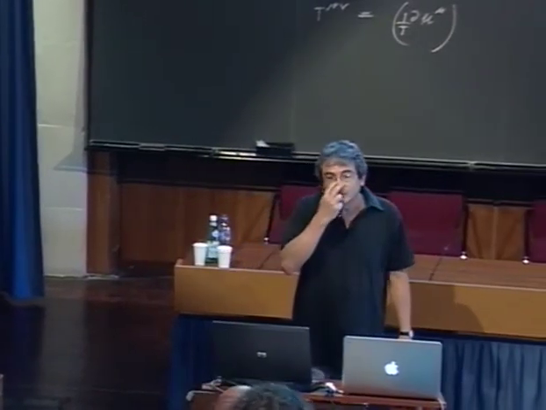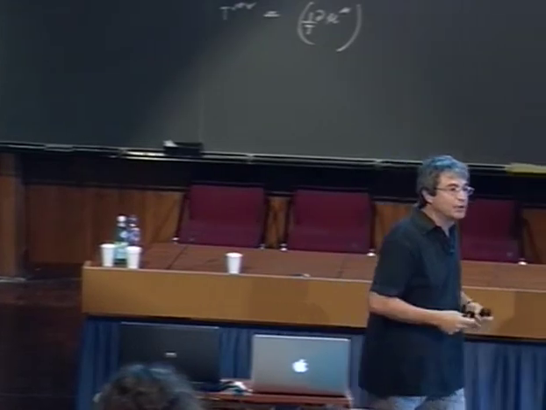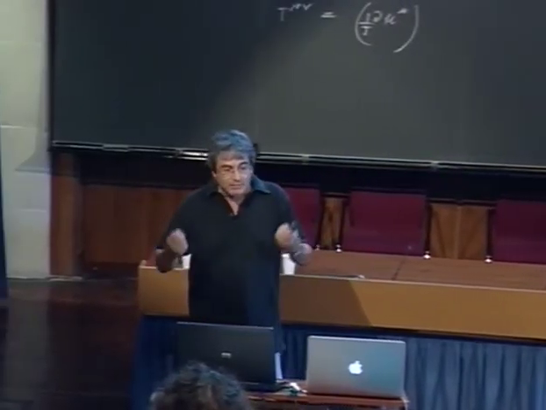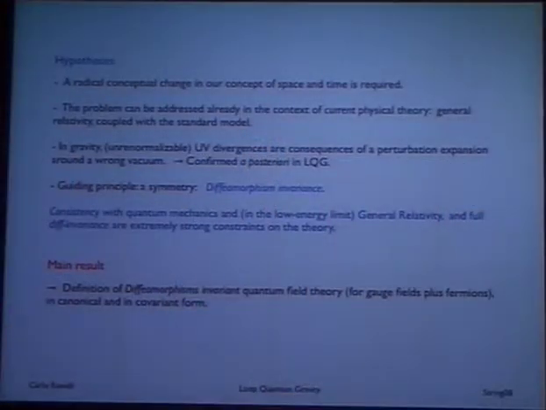Now, of course, this goes together with another hypothesis, which is an old idea, that the bad divergences of perturbative general relativity are not, like the ones of the old Fermi theory of weak interaction, a sign of sickness of the theory by itself, but rather an indication that the perturbative theory is not correct in this context.